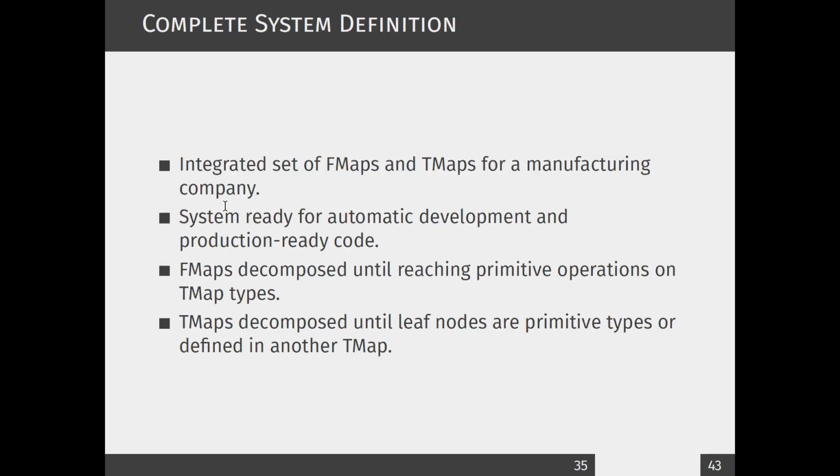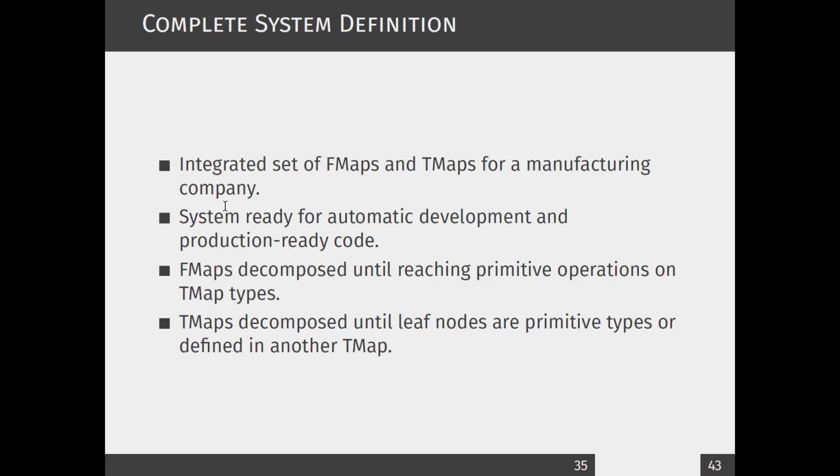Right. So let's look at the complete system definition. So we can integrate a set of F maps and the T maps. And then if you look at this for a manufacturing company, we can have the system ready for automatic development and production. So F maps, they can decompose until they reach the primitive operations on T map types, right?